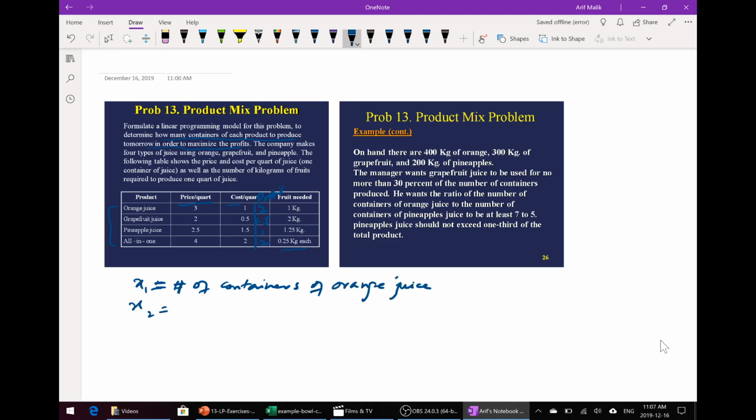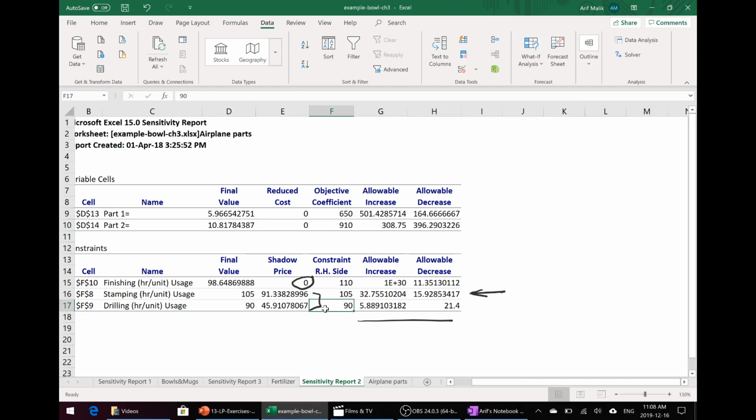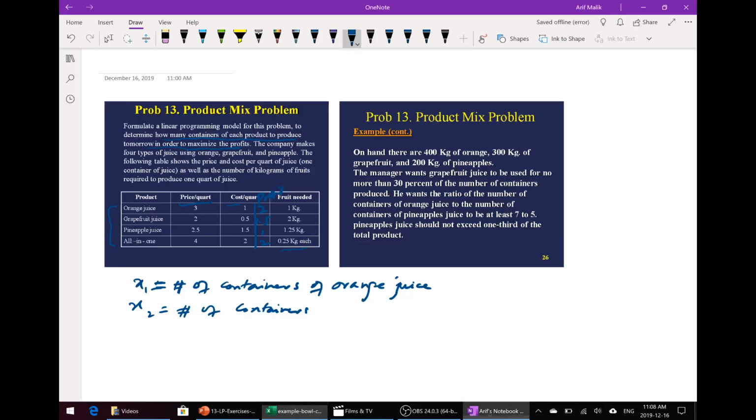And x2 is equal to the number of containers of grapefruit juice. x3 is the number of containers of pineapple juice.